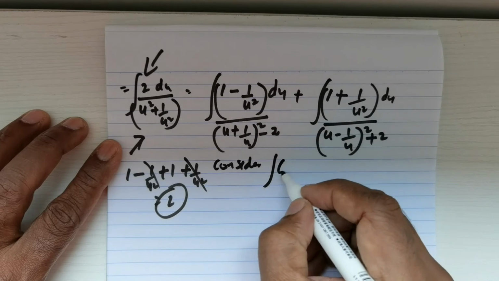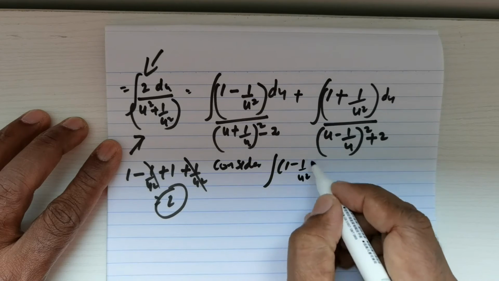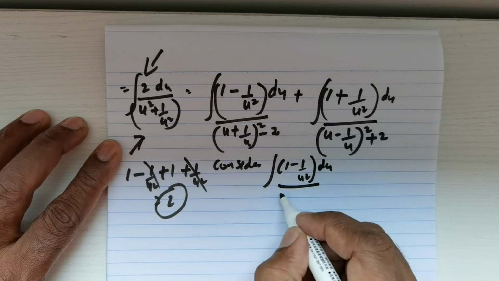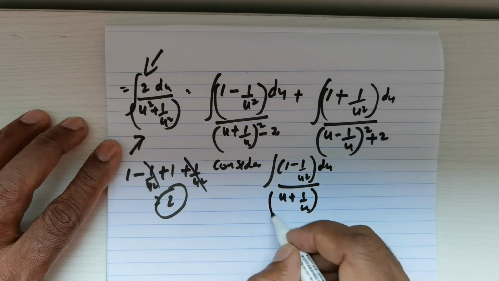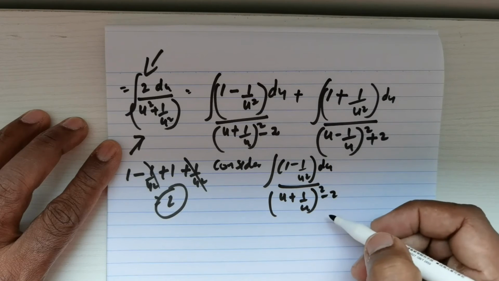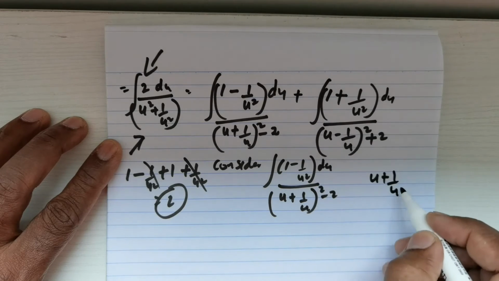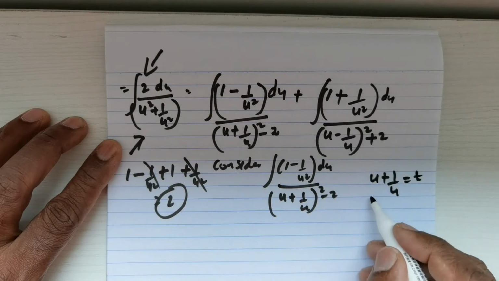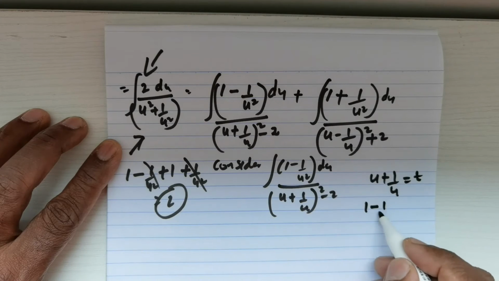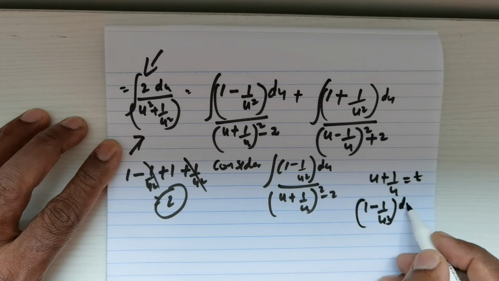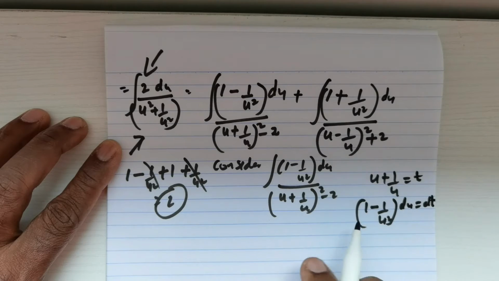So consider (1 − 1/u²) du divided by (u + 1/u)² − 2. If you were to take u + 1/u to be t, then differentiating this quantity would give you (1 − 1/u²) du = dt.